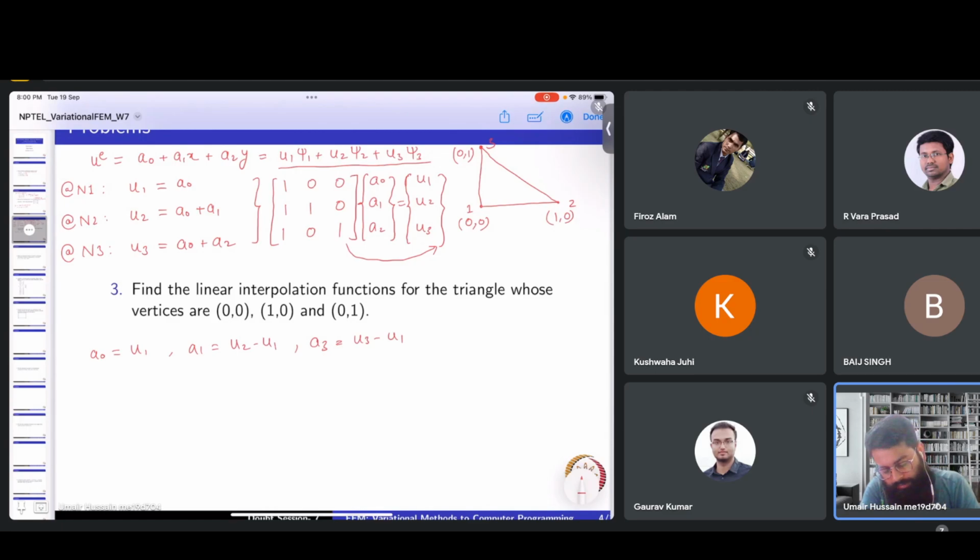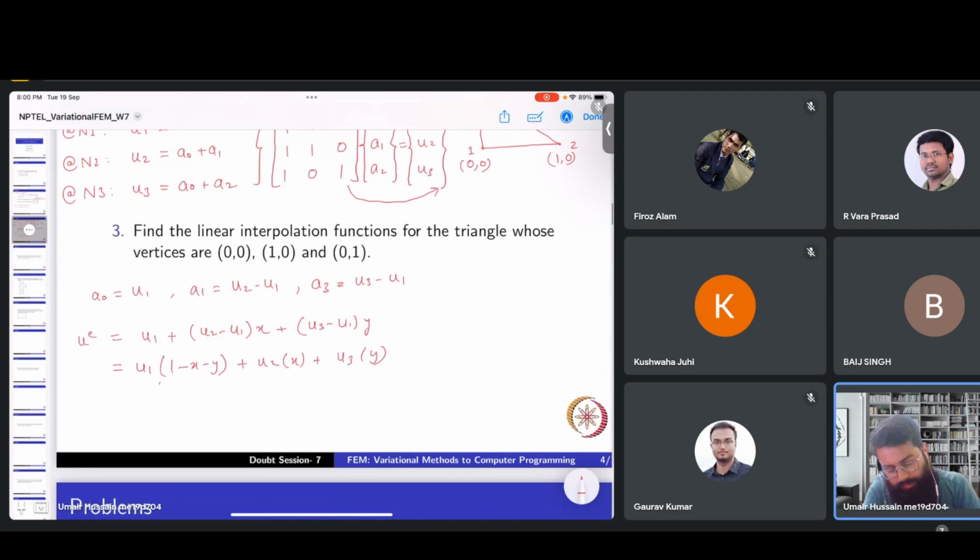So now we substitute back here. We have u1 plus u2 minus u1 times x plus u3 minus u1 times y. And if we arrange in terms of u1, u2, u3, we have u1 times 1 minus x minus y, plus u2 x, plus u3 y.